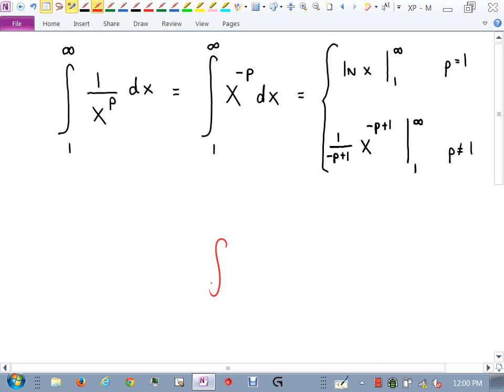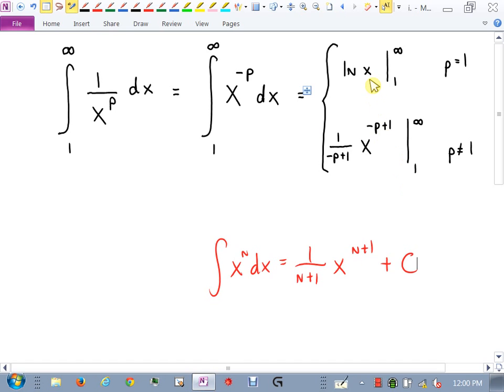All I am doing is applying the rule that we had here. Remember that? The antiderivative of x to the n was 1 over n plus 1, x to the n plus 1. I'm doing that, but instead of n, I have p. So I put 1 over -p plus 1, x to the -p plus 1, evaluated from 1 to infinity. We okay with that? Now, we already know what happens here because we just did that problem.